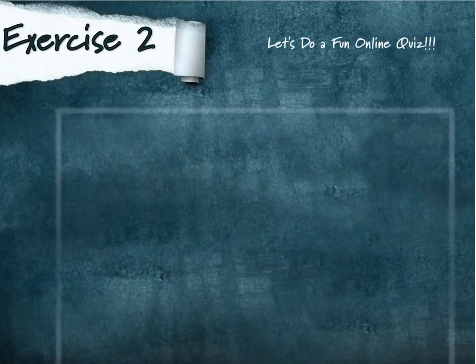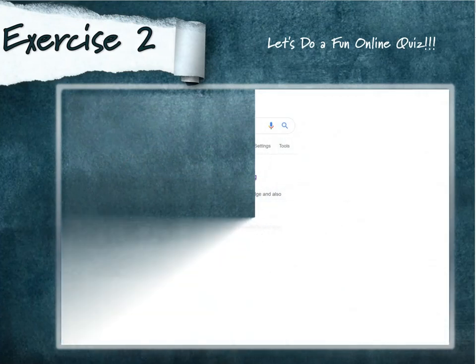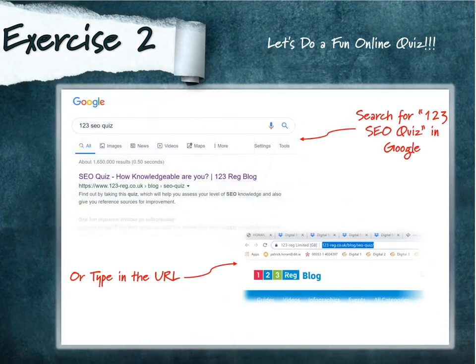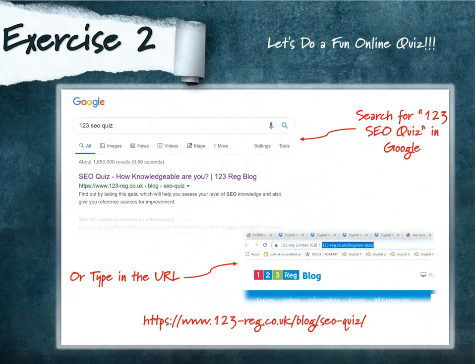So in order to do the quiz, simply go to exercise 2, and in there will be instructions on the quiz itself. You can go to Google and type in 123 SEO quiz, and the first result in the search engine results page, or the SERP, should be SEO quiz, how knowledgeable are you, 123 reg blog.